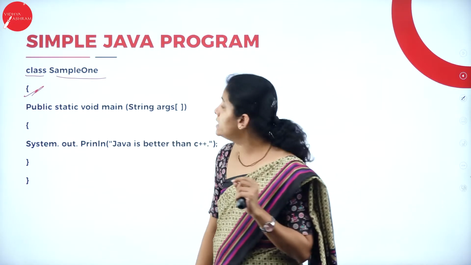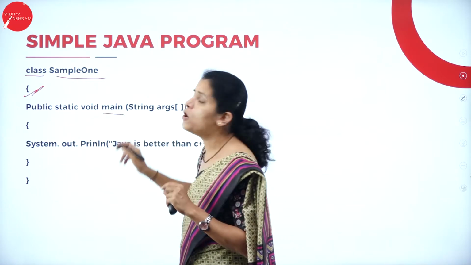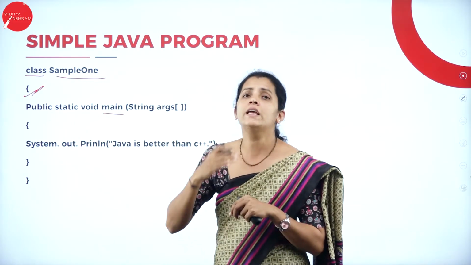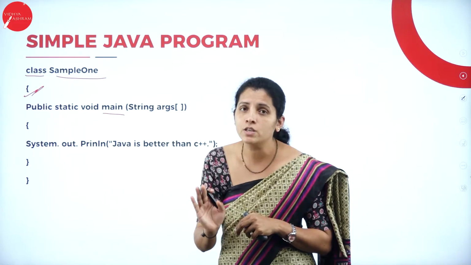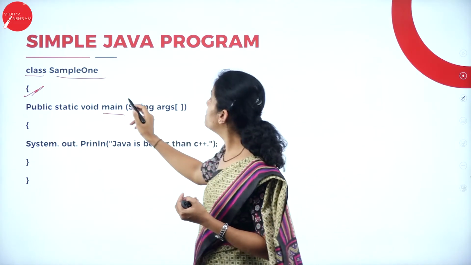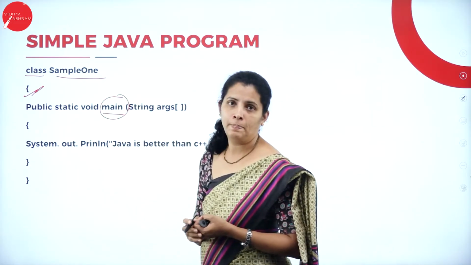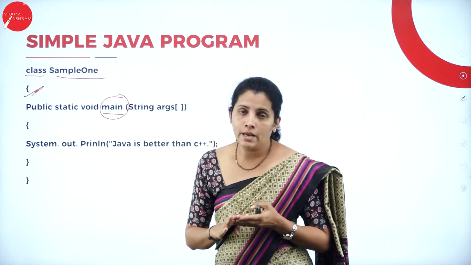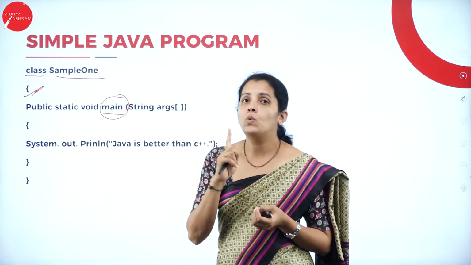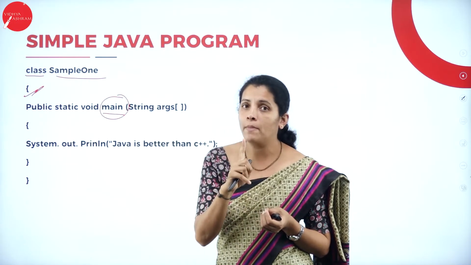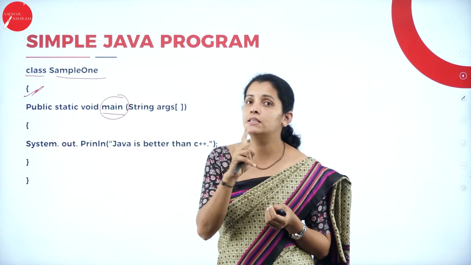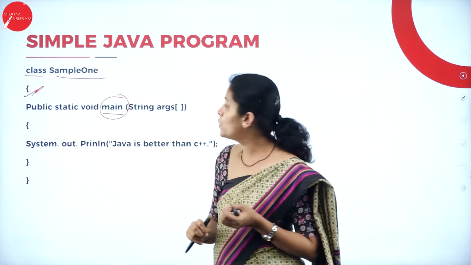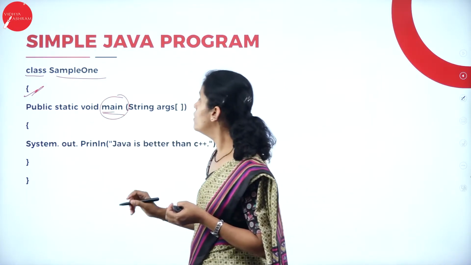So dear student, just remember that the execution of any programming language starts from the main program. If I consider any programming language, I'm going to have only one main program and all the execution starts from the main program. So here I'm going to have main.